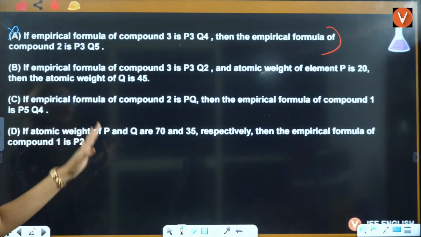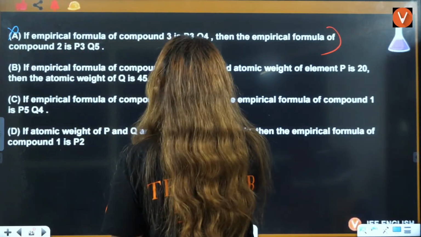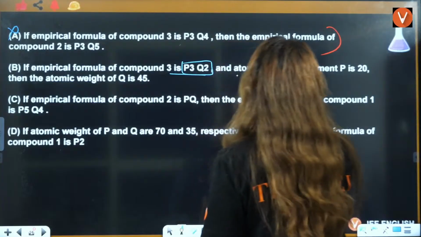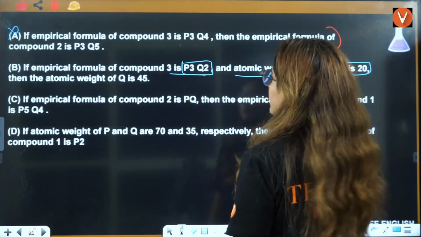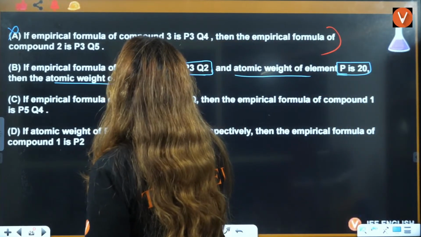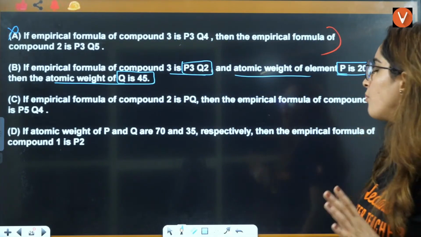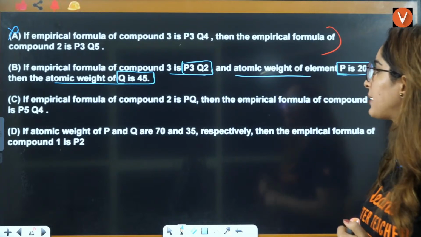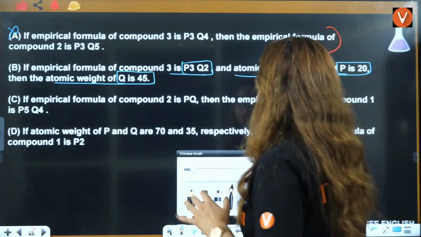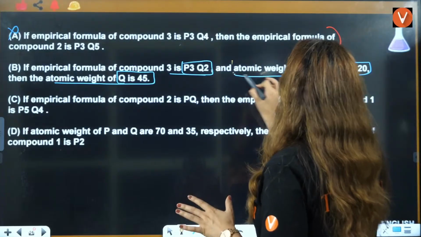If the empirical formula of compound 3 is P3Q2, atomic weight of P is 20, atomic weight of Q is 45. Here you will apply the empirical formula as well, right? See, we have to put these values.